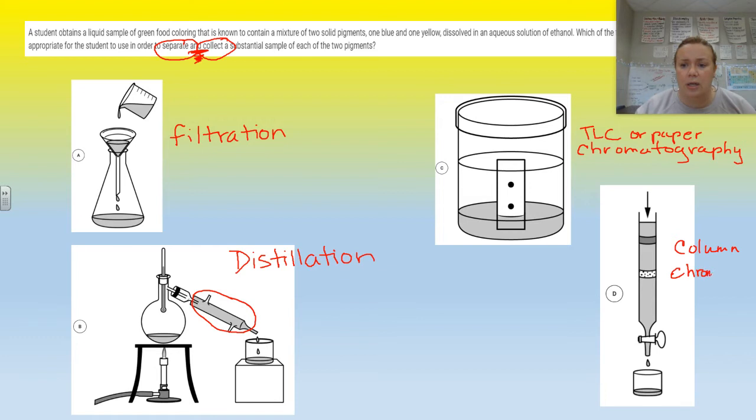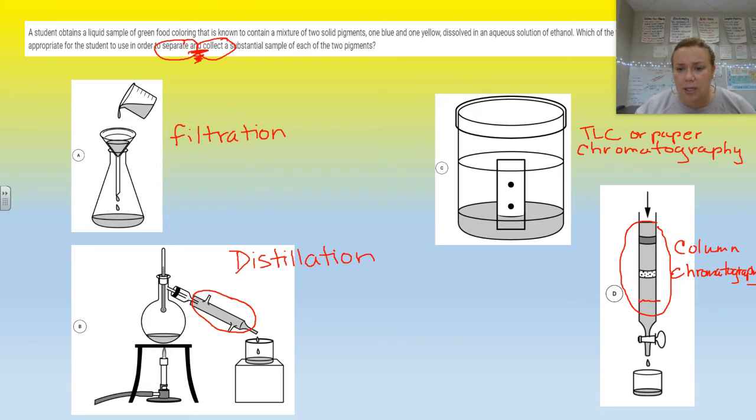So column chromatography, you can actually separate because what you can have in here is there could be some silica gel compounds, there could be sand, there could be other mixtures in there. And so what we could do is say, for example, we were to pour the green through there. The green we know separates into blue and yellow.